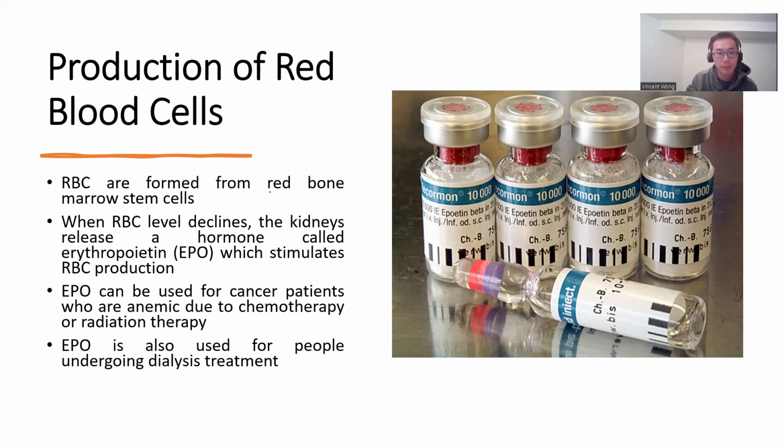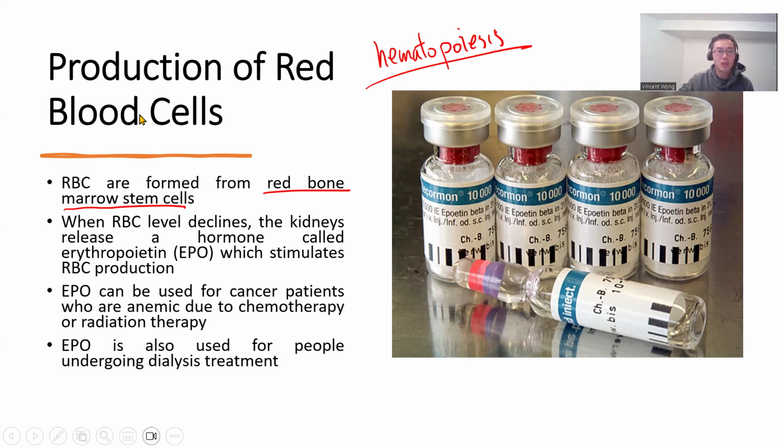So the red cells, where do they come from? Earlier I told you they come from the red bone marrow stem cells. These stem cells undergo hematopoiesis. Let me write that down again so you will recognize the word. That's the process to make more blood cells. When your blood cell level declines, when there's not enough red cells, maybe you just donated blood, or you have some bleeding, and now your RBC levels are down, then your kidney will release a hormone called EPO.